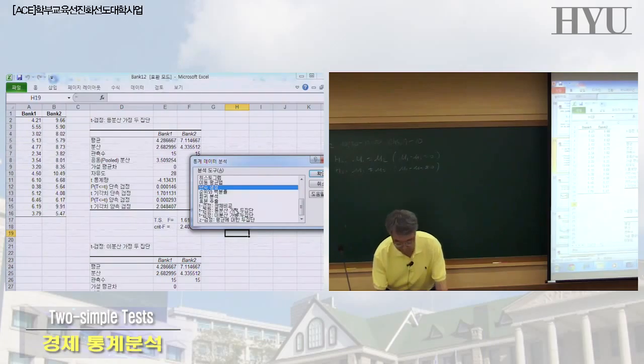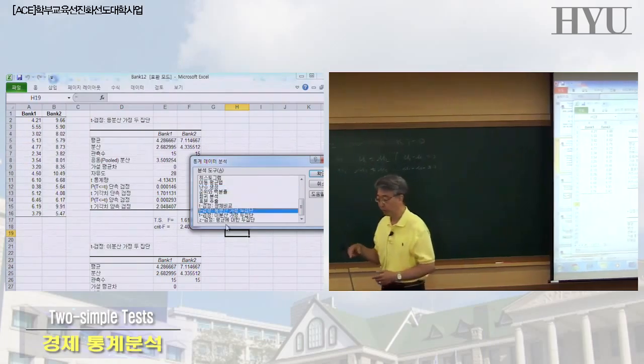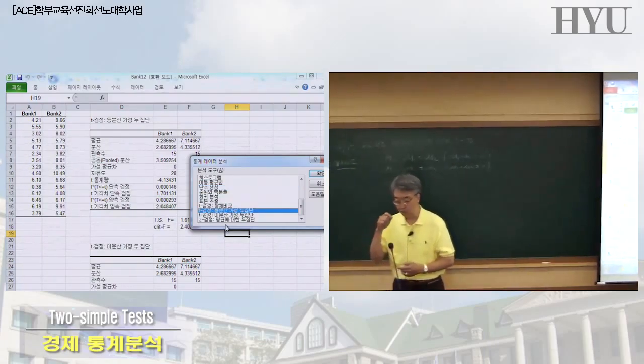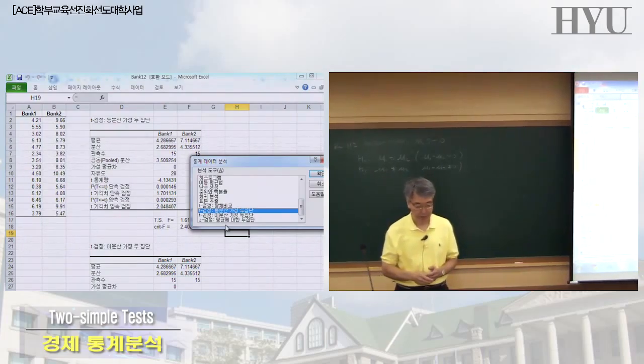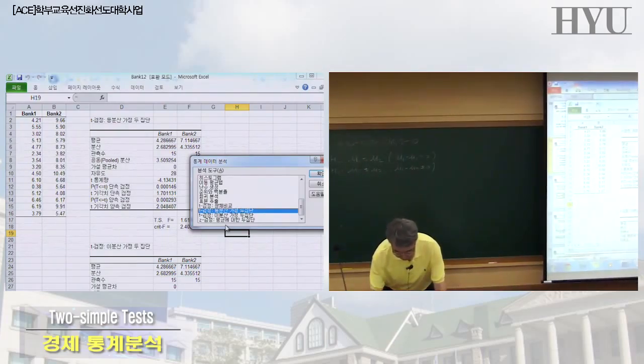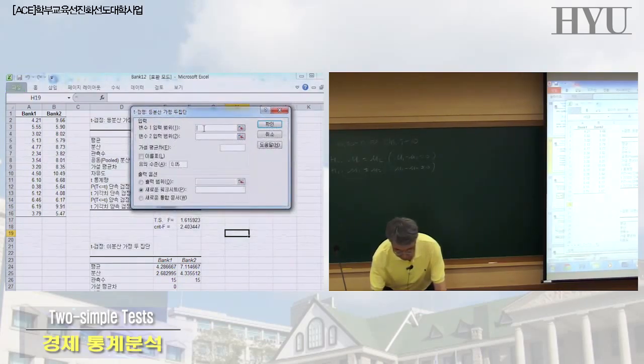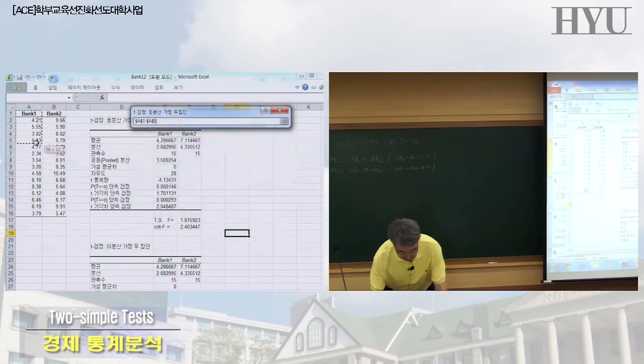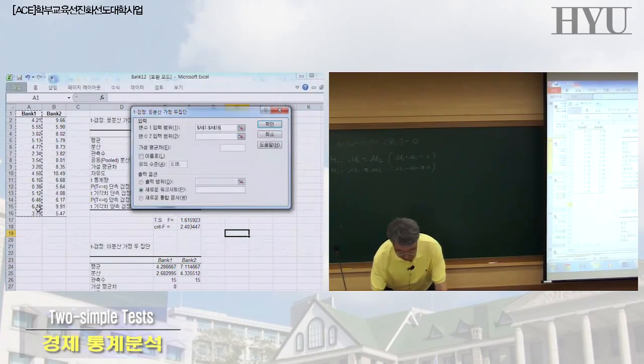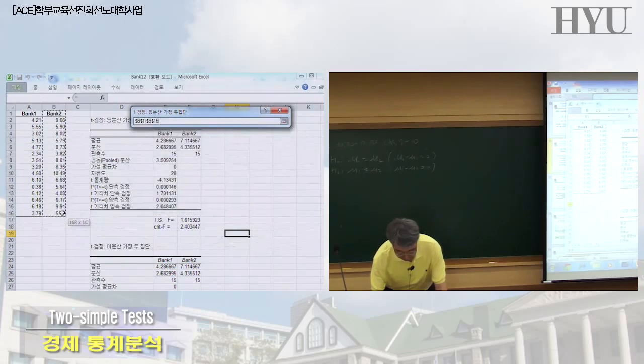I think the problem instructs you to assume equal variance. So if you click on here, all you need to do is specify the two data ranges. I would include the label, and then highlight the other data.